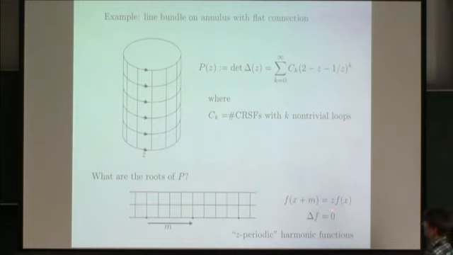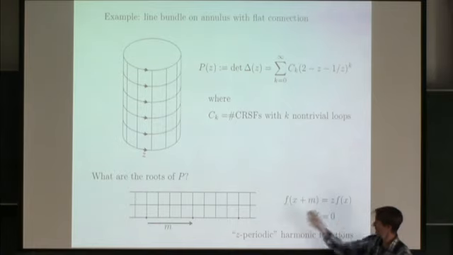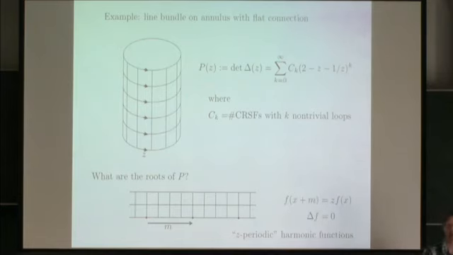So what I get on the strip is a harmonic function which is not periodic, but when you translate by one fundamental domain over, it gets multiplied by this non-zero complex number z. So understanding the roots of p is the same as understanding these z-periodic harmonic functions on an infinite strip graph. Does that make sense?